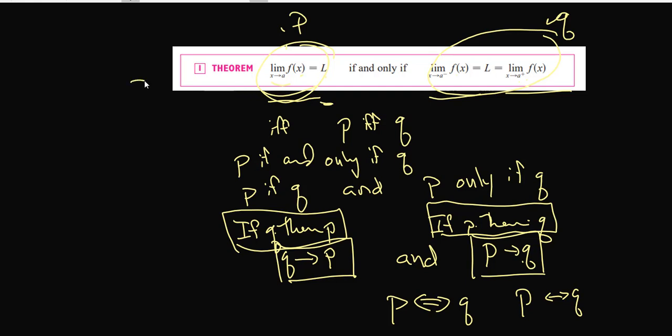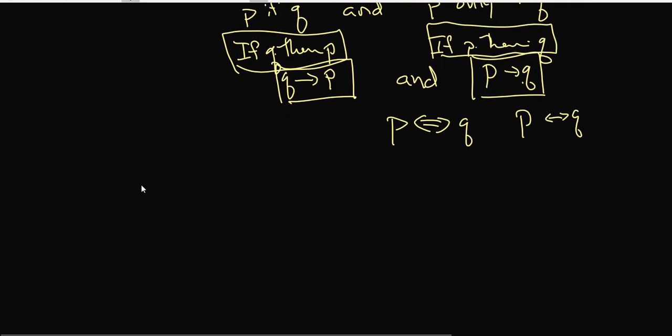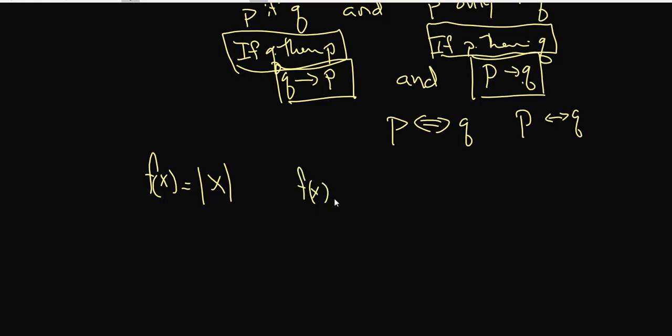Okay, so anyway, we have this theorem. We're going to assume that this is true without proving it. So with that in mind, let's consider this function, the absolute value function. Let's see if we can remember how that's defined. f of x is equal to, and it's actually defined piecewise.